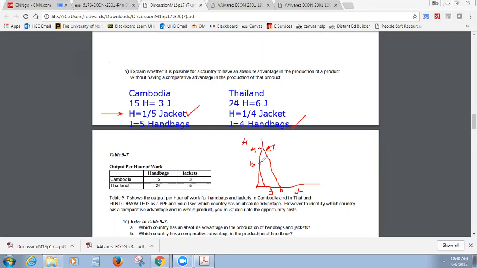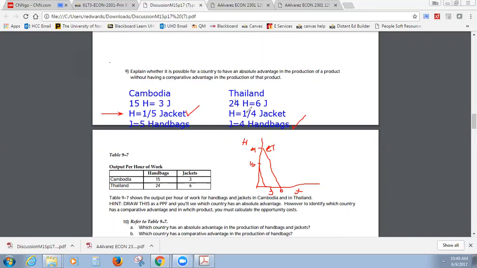They have an absolute advantage, but Thailand does not have a comparative advantage in handbags simply because they have a higher opportunity cost. If they're producing a handbag, they're giving up 1/5 of a jacket.